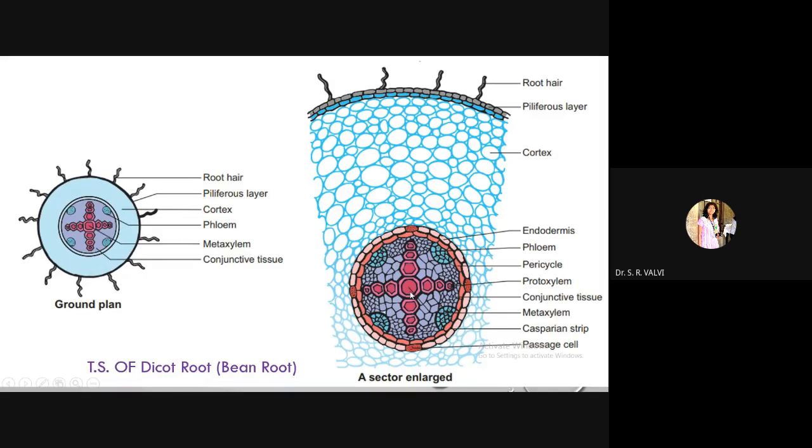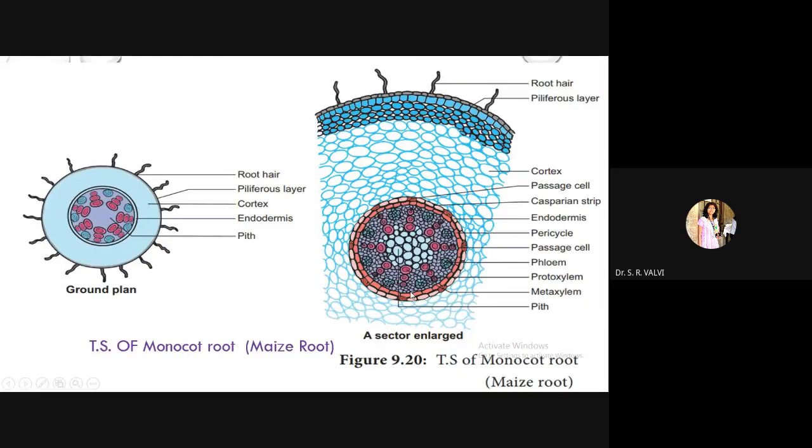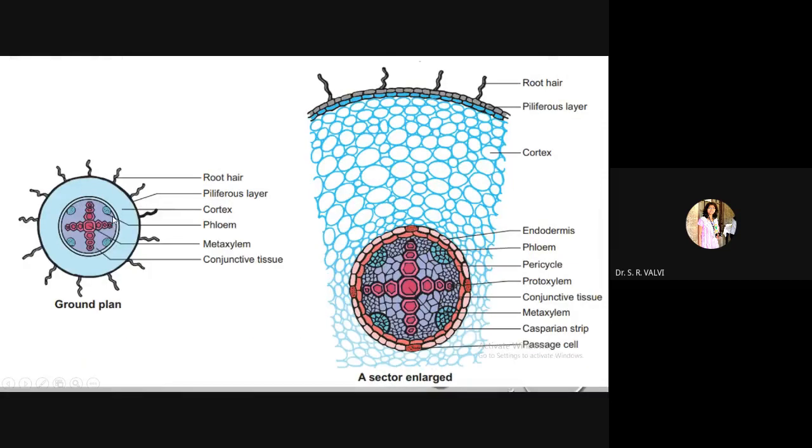In the monocot it has an inner portion within the vascular bundle, but in the dicot root no such pith is present. Here xylem has taken the place, hence pith is not there in a dicot root.